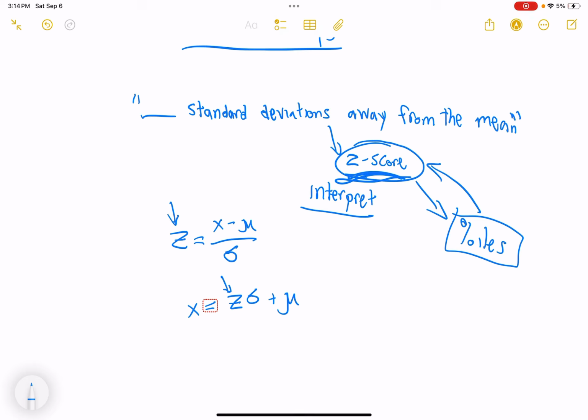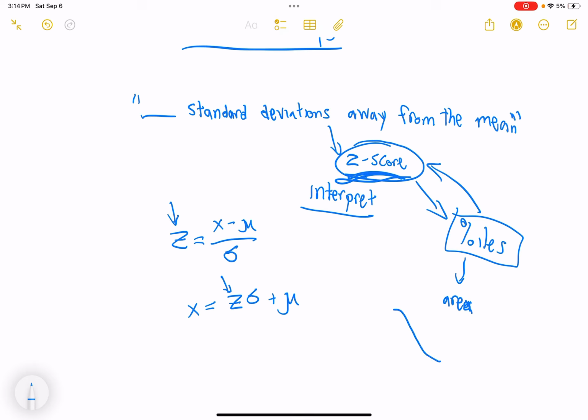And remember that anytime we plug a percentile in, we're actually going to be plugging it in as an area. So we're either going to be plugging it in as a decimal with the value of the area to the left, or we're going to do 1 minus that decimal.